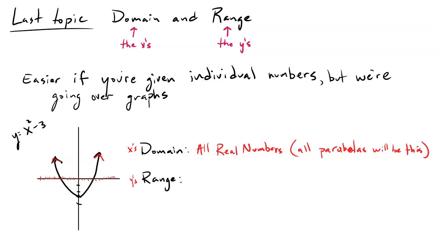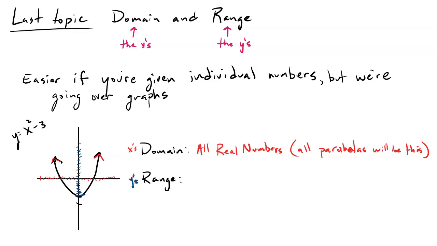For the range, you're supposed to say, where does this graph go up and down? I can see that the graph doesn't go below negative 3. Negative 3 is the lowest point, and then it goes every single height going straight up.